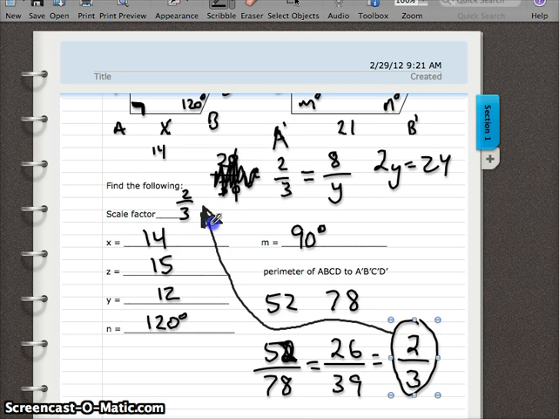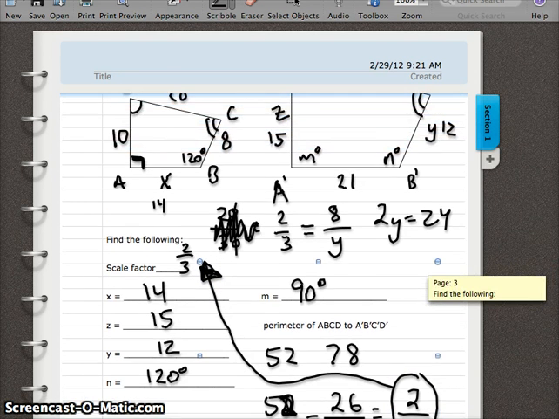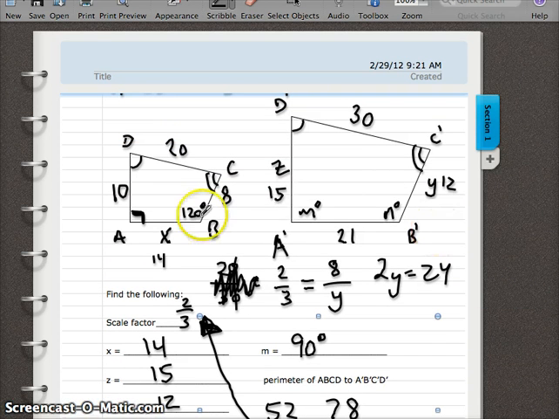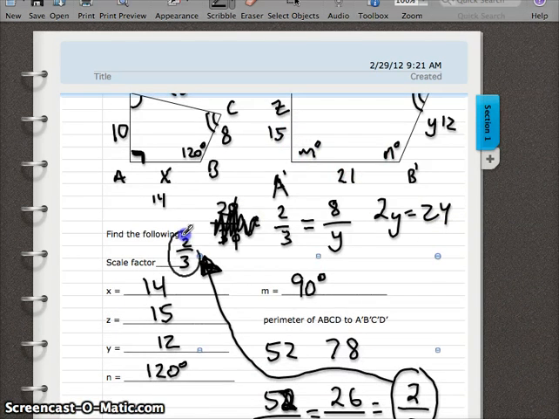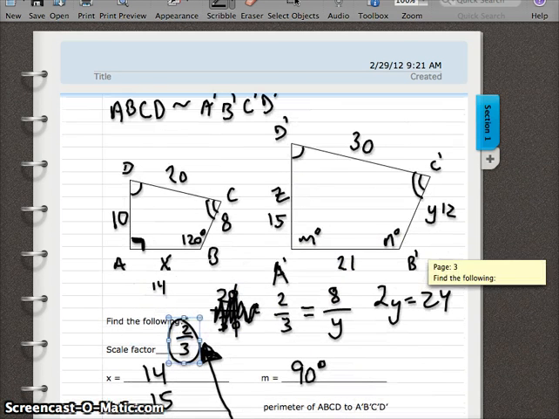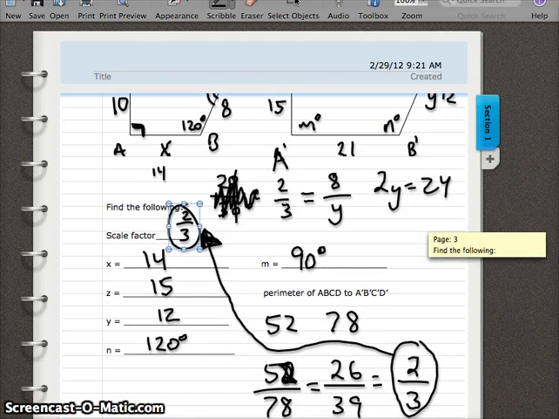Well, it should be. Any ratio that we set up comparing any two corresponding lengths, whether it's two corresponding sides, or if we compare their perimeters, we end up getting the same scale factor. Anything in this shape is 2/3 bigger than anything in this shape, so their perimeters must also follow that pattern.